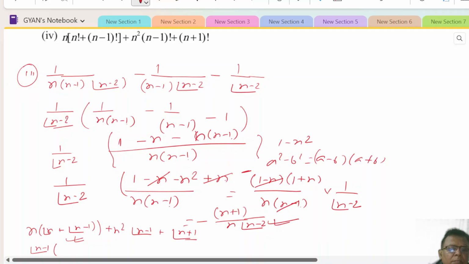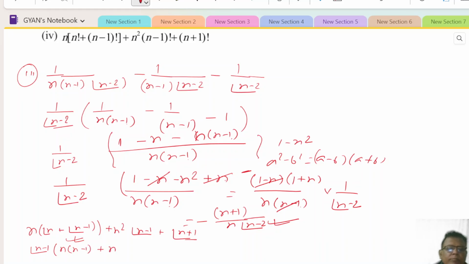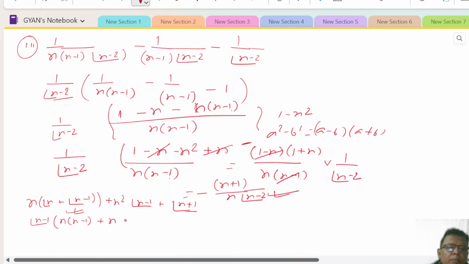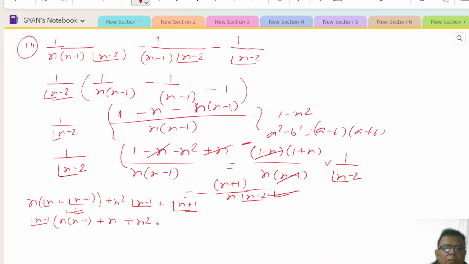So here n minus 1, so this is n into n minus 1 plus n, and plus this one, n square, and here n into n plus 1 into n, because n minus 1 we have already taken common.